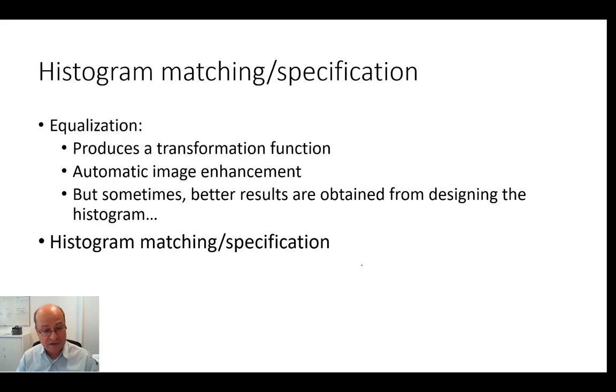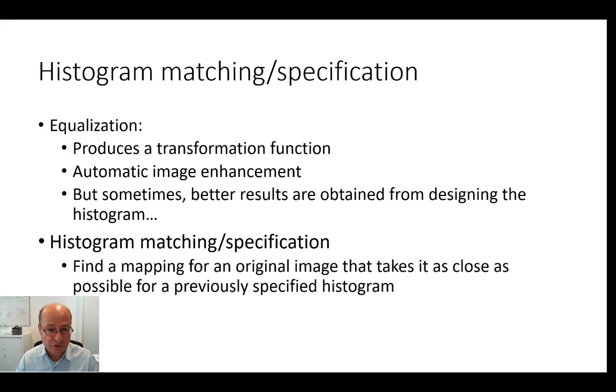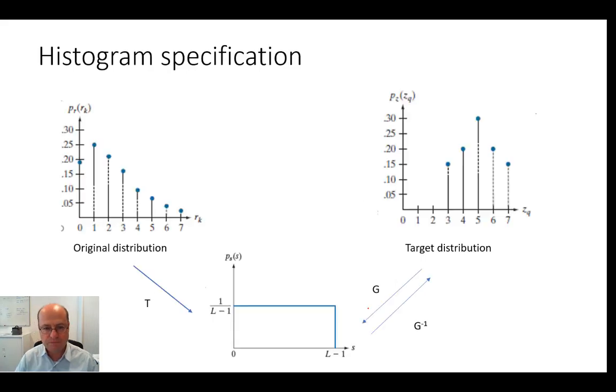And that's where histogram matching, or specification, comes in. It's a kind of extension of histogram equalization where you give the system the histogram and you want the system to give you the mapping, generate the transformation and apply it to the image. So the idea is to find a mapping from an original image that takes it as close as possible to a previously identified histogram.